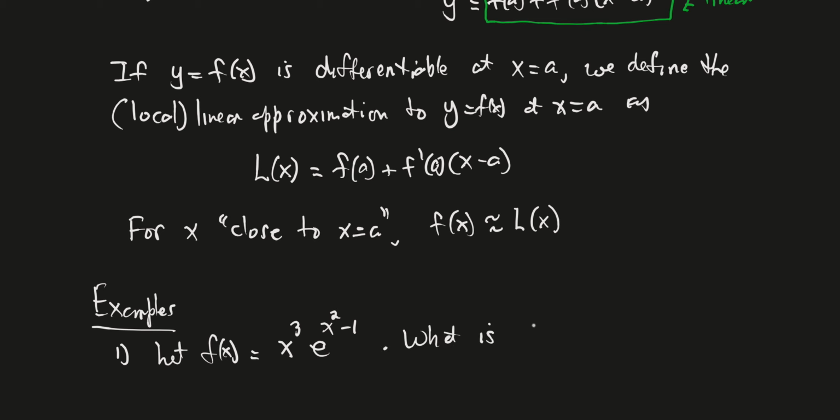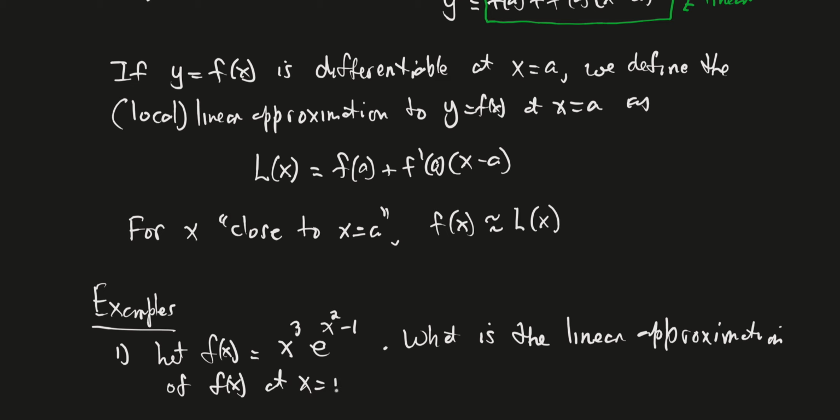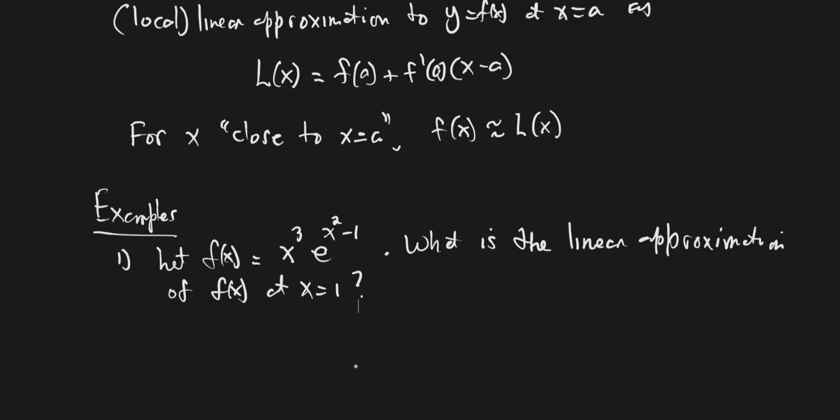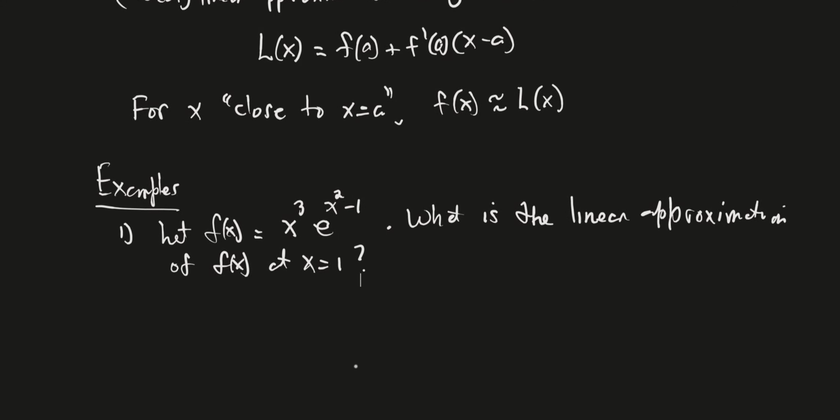What is the linear approximation of f of x at x equals 1? All right. Well, let's go through the process of finding what we need. And we can actually start using this formula and giving it a name that we've never really done before, right?